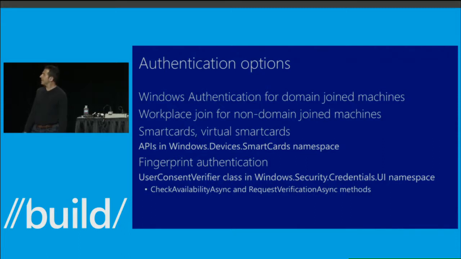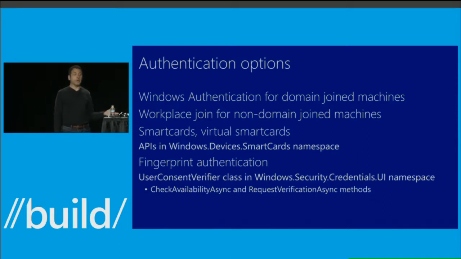I showed an example of this last Build, how to plug in a smart card. The problem with that is you need to set up a certificate server, which is not a trivial task. And then you need to make sure that certificate server stays up and running. At Build last year, I was borrowing one that one of the test teams had, and then they took it down. And then I had a guy down the hall build one for me, and then that machine crashed. So you've got to make sure that the server stays up and running.